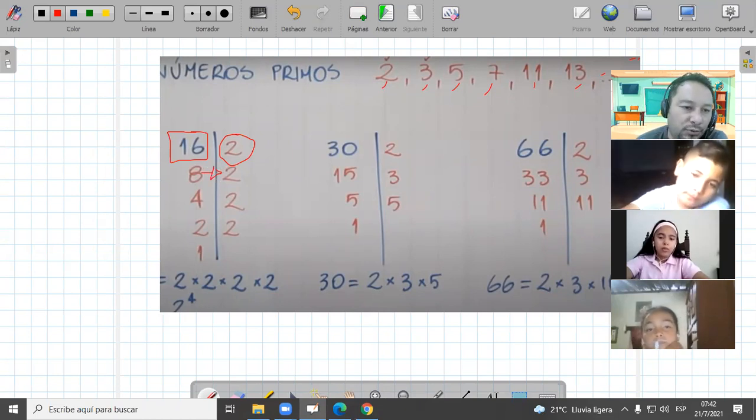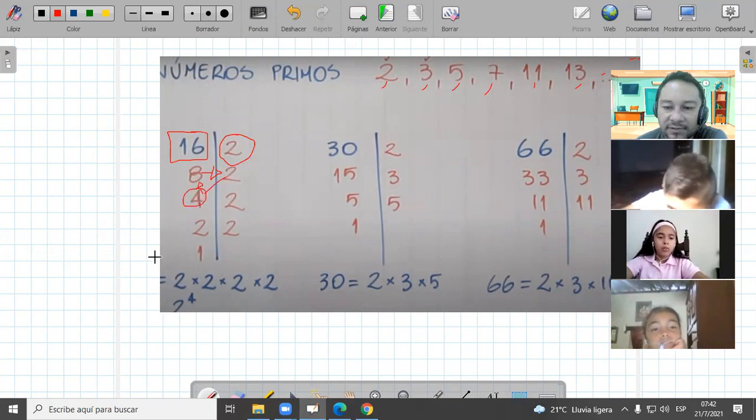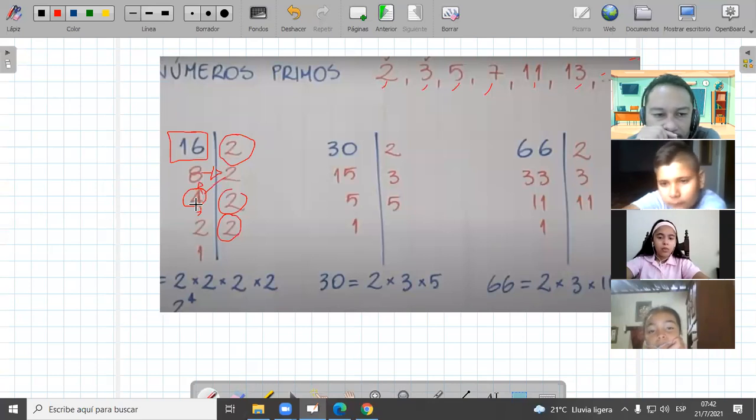And then the half of 4 is 2, and then the half of 2 is 1. Then I am going to write 2 again, because 2 times 2 is 4.